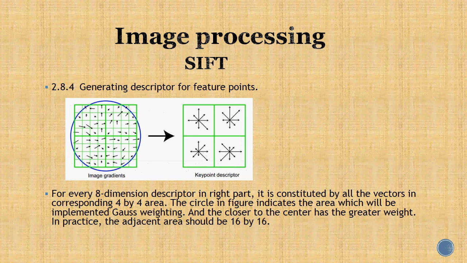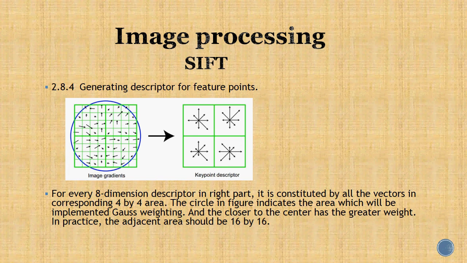To generate a descriptor for a feature point, we need to select 16 by 16 pixels surrounding it, and add all the vectors in each 4 by 4 window together to generate an 8-dimension descriptor.